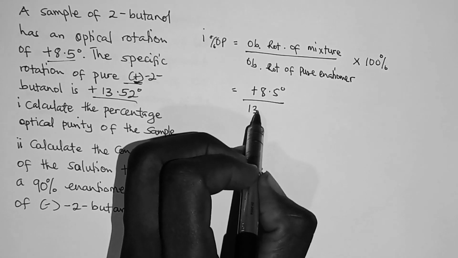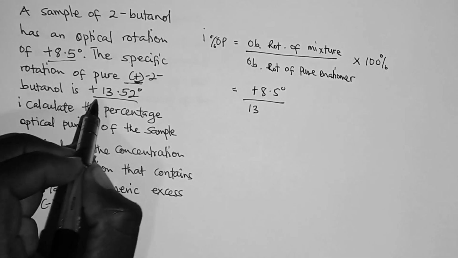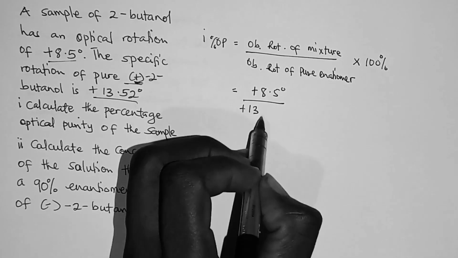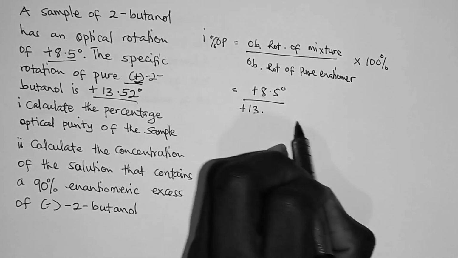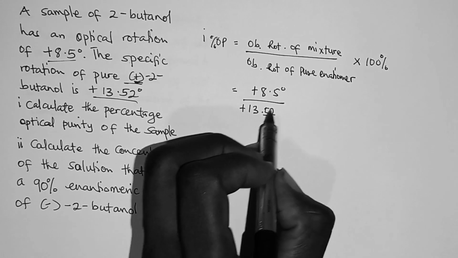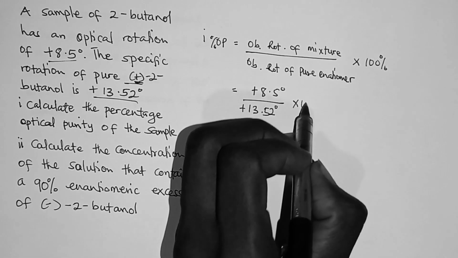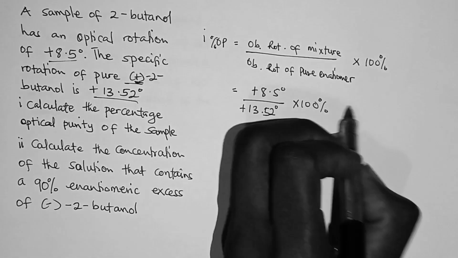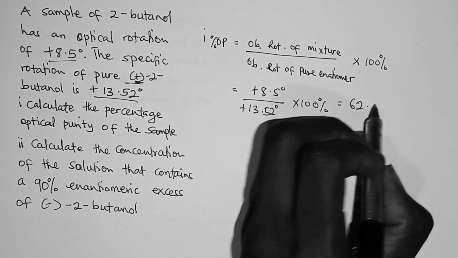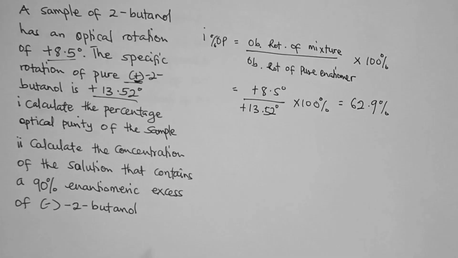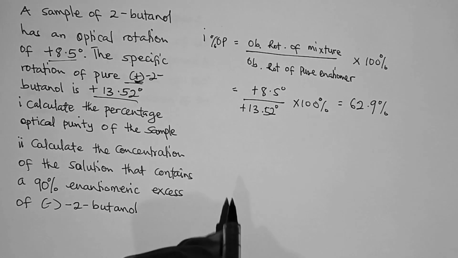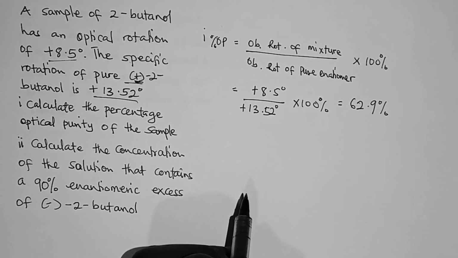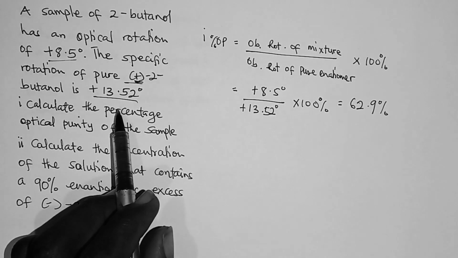So divided by plus 13.52 degrees, times 100%. And this is equal to 62.9%. So this 62.9% is the optical purity of the plus 2-butanol.